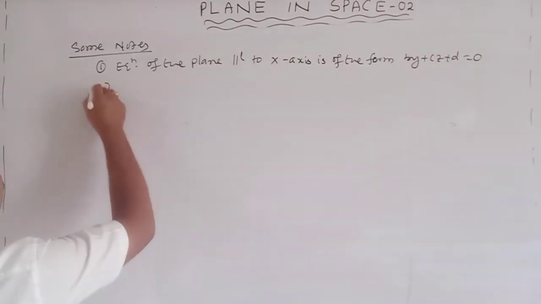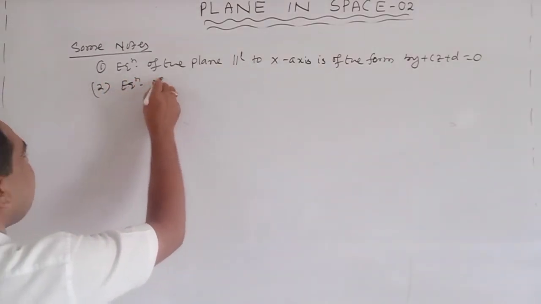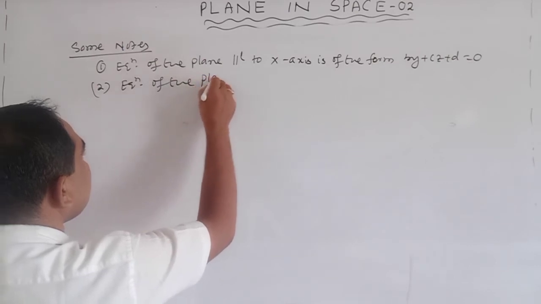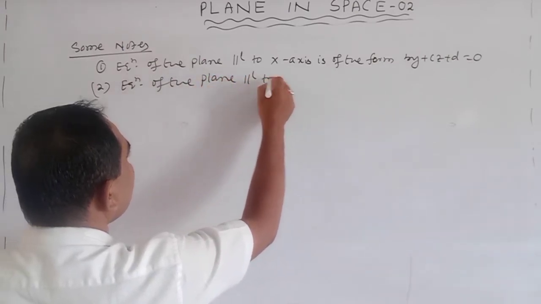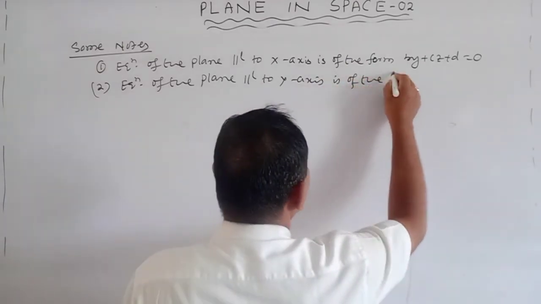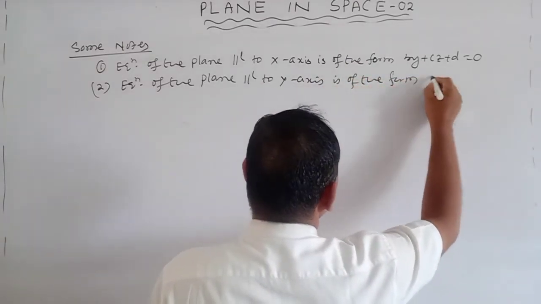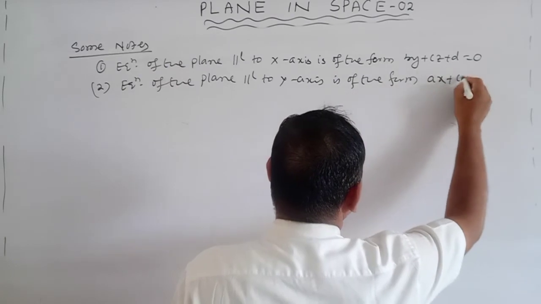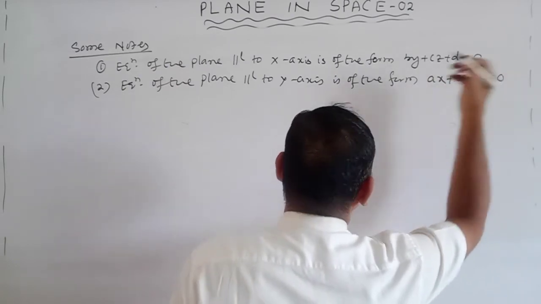Next, two: the equation of the plane parallel to y axis is of the form, y axis means without y, ax plus cz plus d is equal to 0.